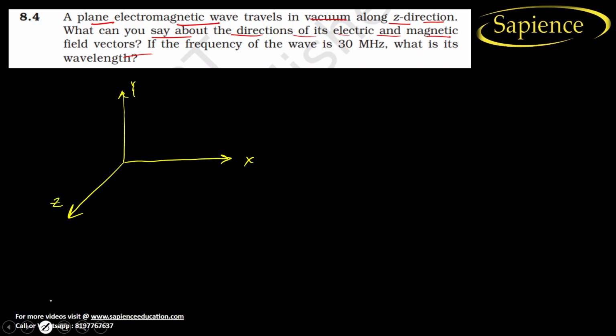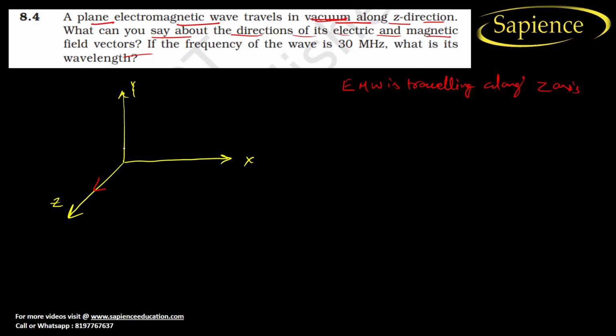Now they are saying that our electromagnetic wave travels in a vacuum, right? So the electromagnetic wave is traveling along the z-axis. So if it is traveling along the z-axis, what will be the magnetic field?